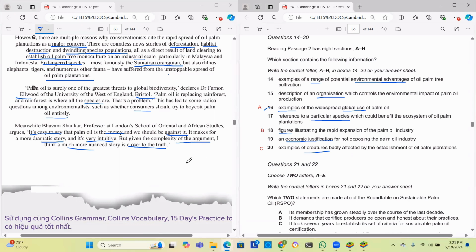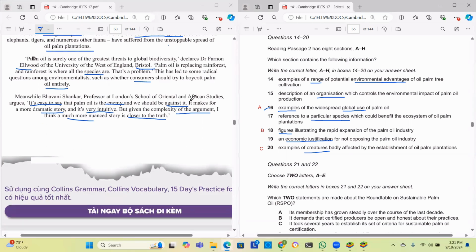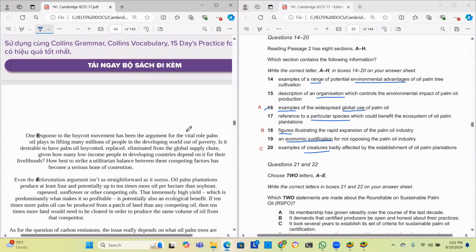So, did we read about any economic justification for not opposing? So, this guy is opposing actually, right? Elwood, he is opposing. And Bhavani Shankar said it should be given more nuanced story. So, no, D is not matching with any of the questions. Okay. So, let's keep it on hold. If you are doubtful, just keep it on hold. Once you read the other paragraphs, you will get more clarity. So, let's read the next paragraph.